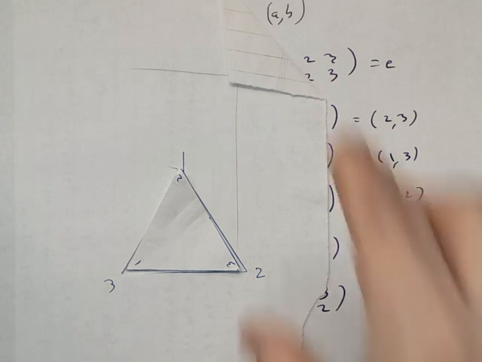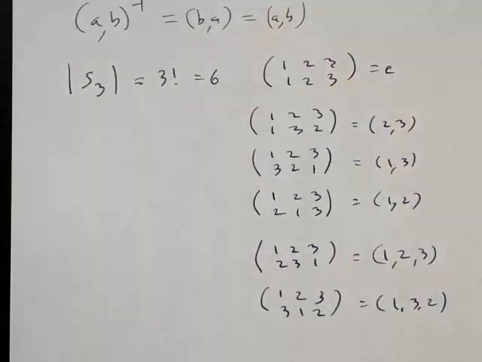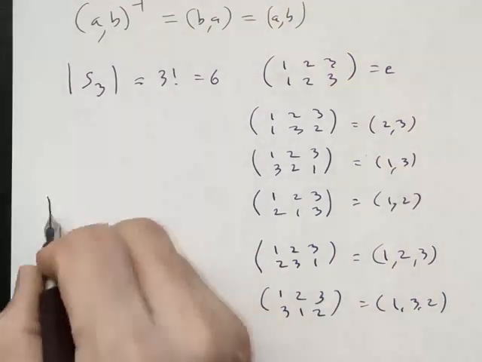This particular group is called a dihedral group. And in this case, that's just another name for S3: D3.